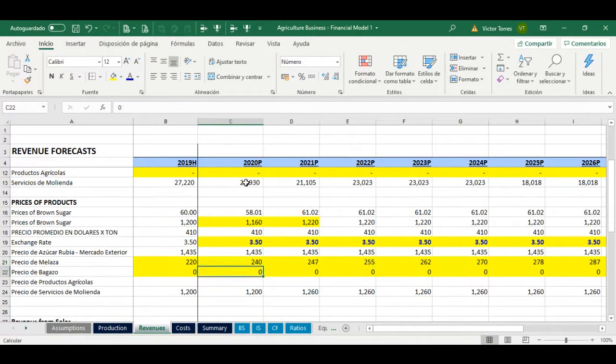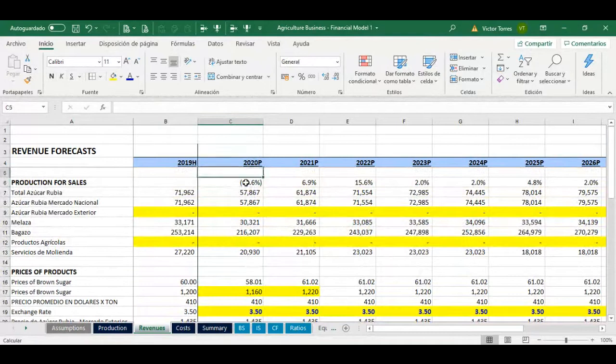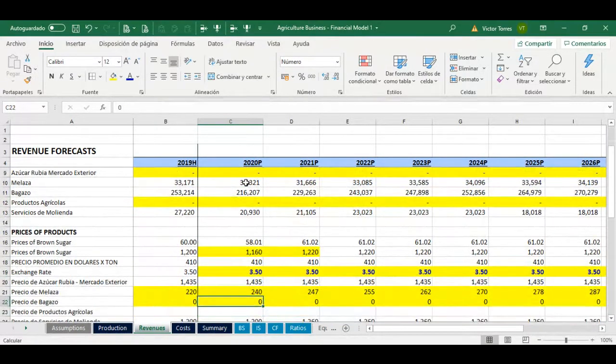And we have put a price in this estimation of bagasso of zero because the company was not capable of selling bagasso to a third party, right? The amount that they had was not high enough to produce enough carbon.